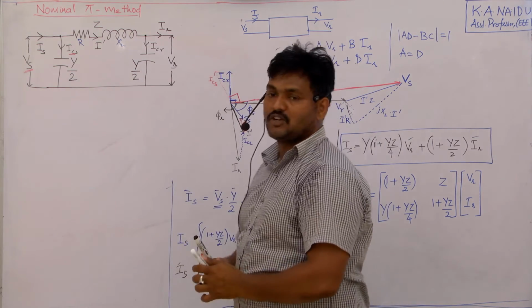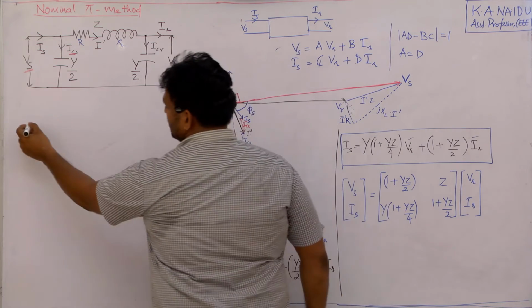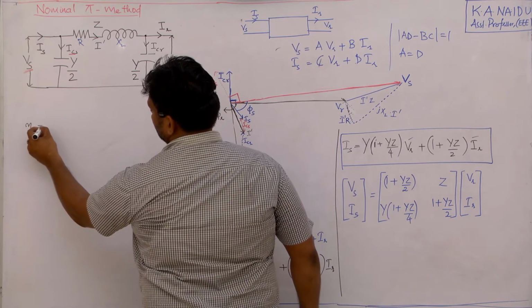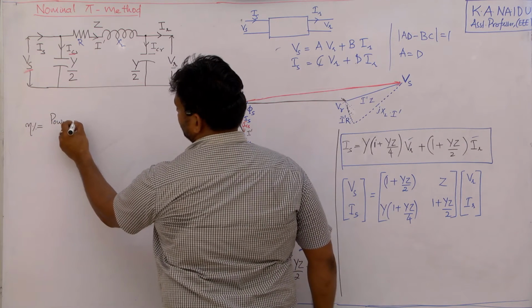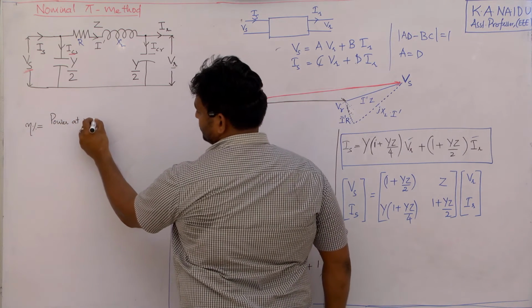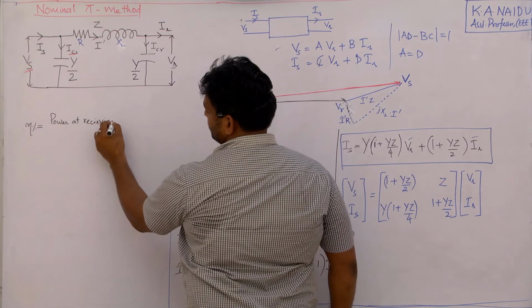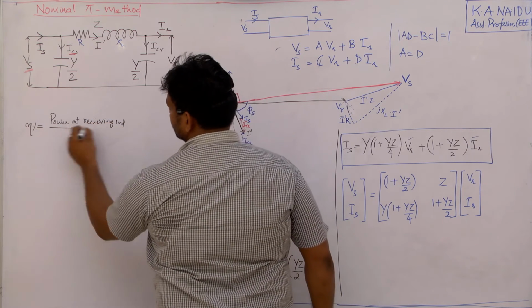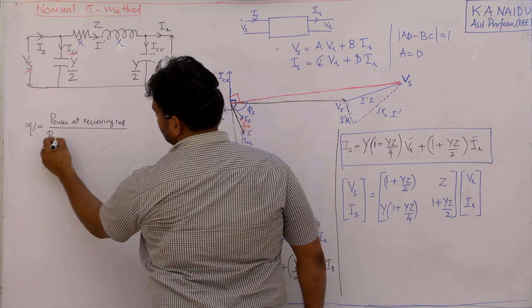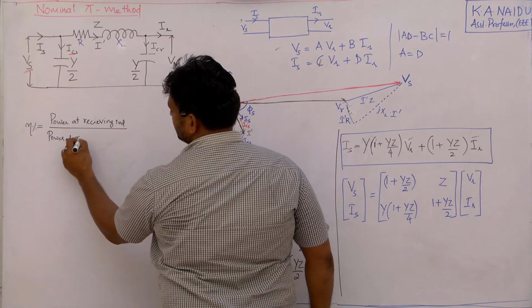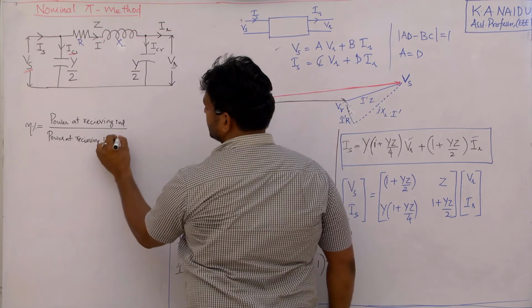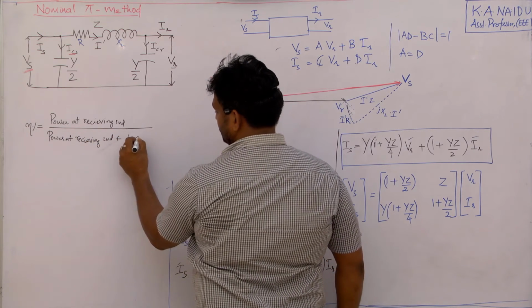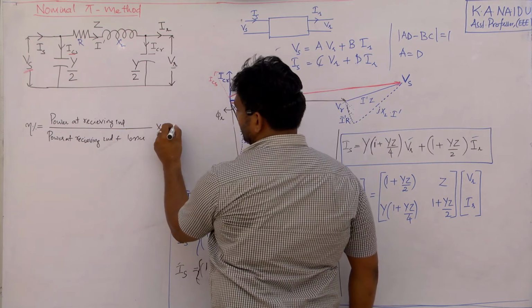So we have seen what is efficiency. Efficiency is the ratio of power at receiving end upon power at receiving end plus losses, that is I square R losses. If you want percentage, multiply with 100.